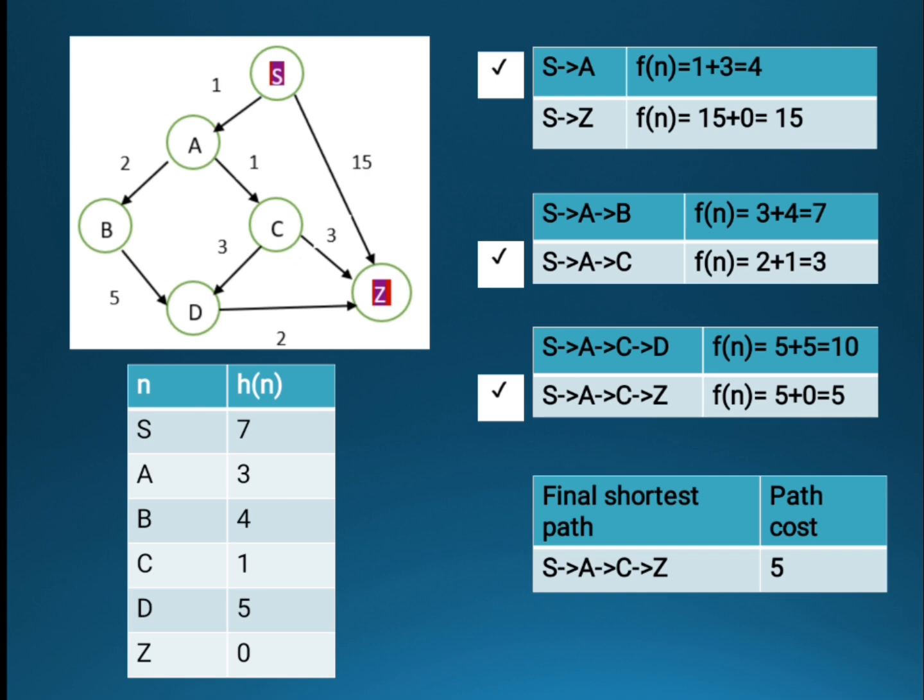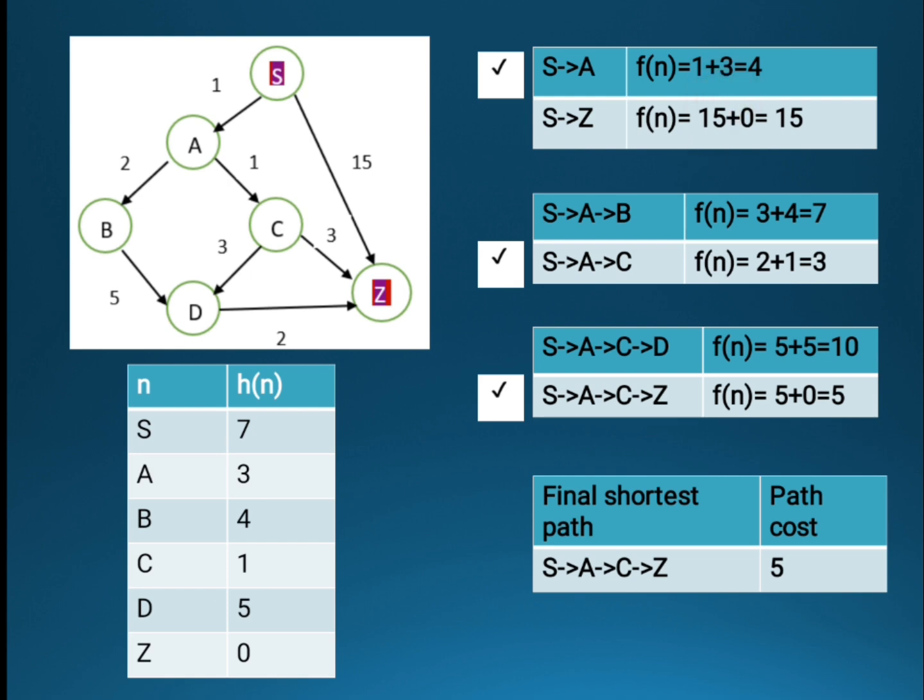The first step is to explore from the starting node. For this graph, the starting node is S. From S, the nodes we can visit are A and Z. For S to A and S to Z, we first need to calculate the f of n value. For S to A, f of n is equal to g of n plus h of n.